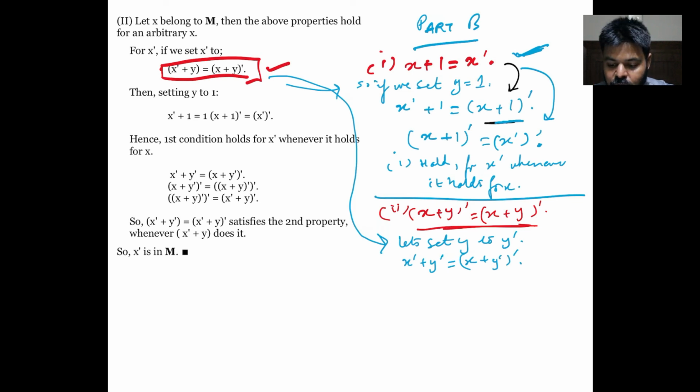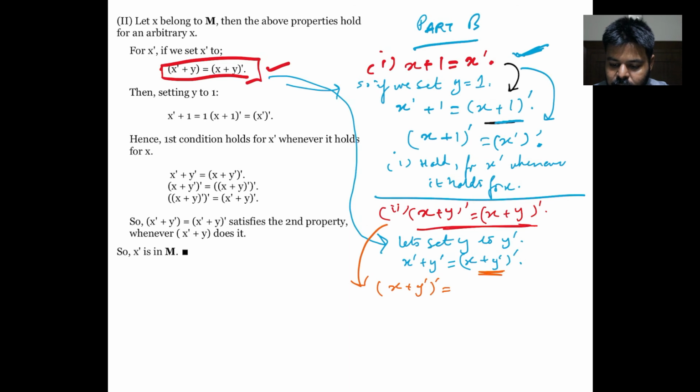Now if we follow closely, we can expand this part. How can we expand this part? We can write it like this. Because this second property, we know that this actually holds for x. But we have to prove that whenever it holds for x, it also holds for x prime. So we can expand this like this.